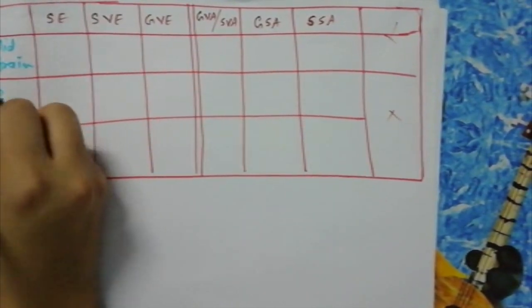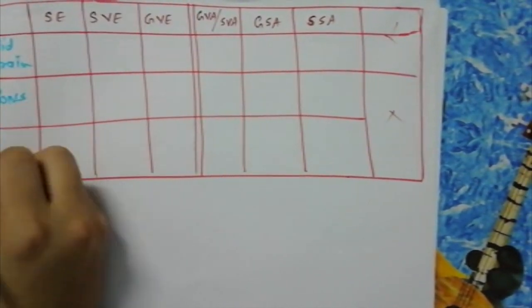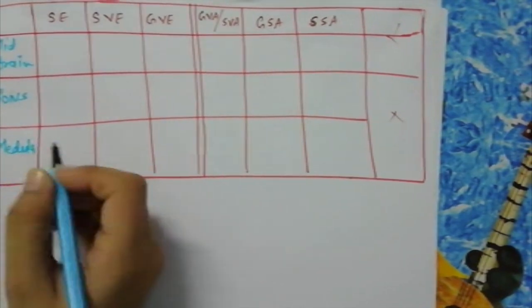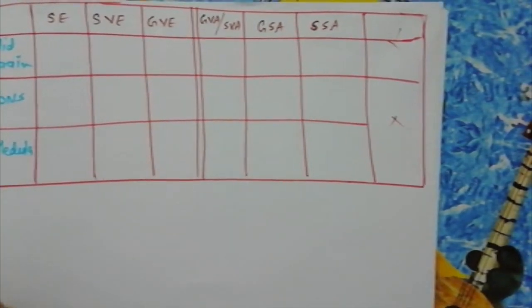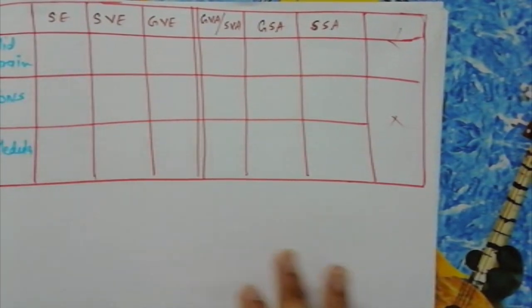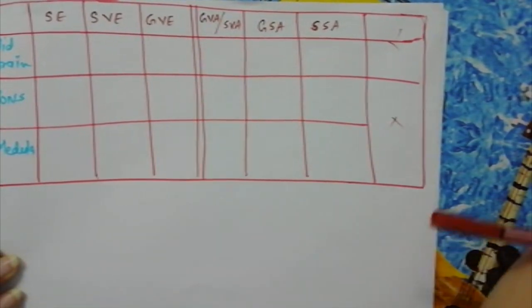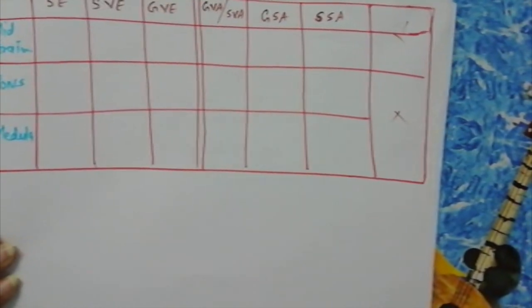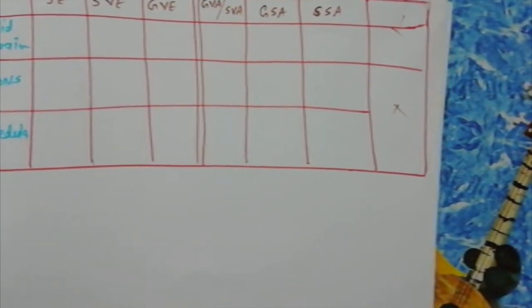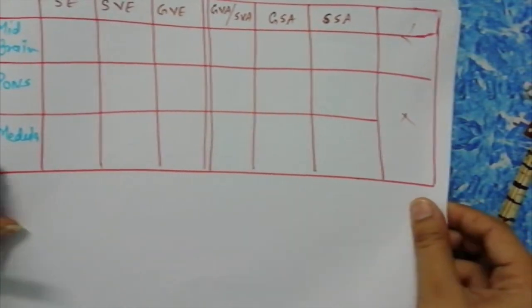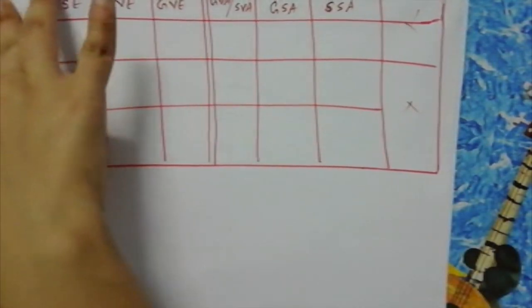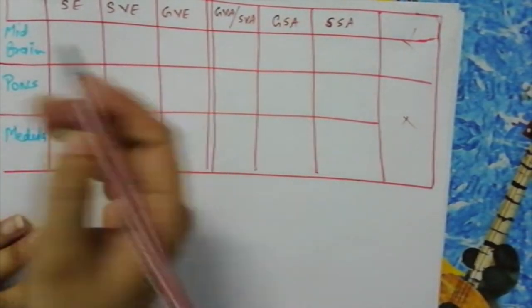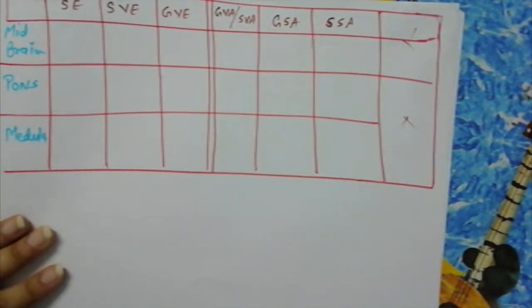Midbrain, pons and medulla. Okay, so now we will fill the columns with the nucleus with the different pen.